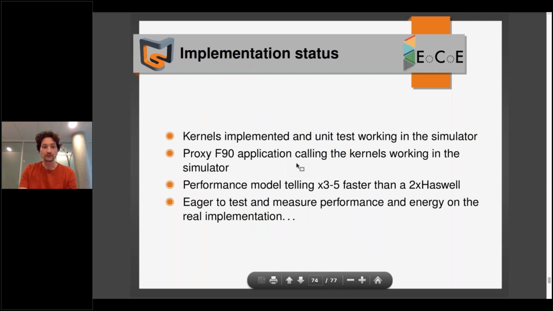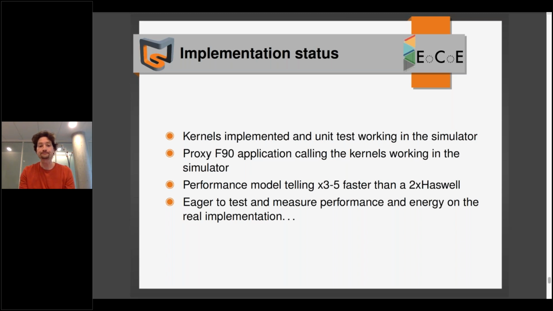We have a proxy application that is already working and calls the kernels, but the kernels are executed in the simulator. The performance model tells us that it should be 3 to 5 times faster than dual-socket hardware, for the execution on a single FPGA.